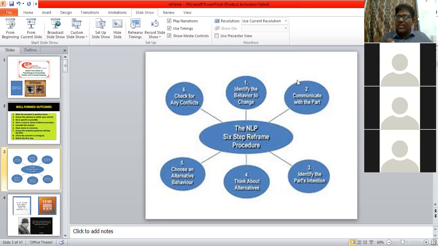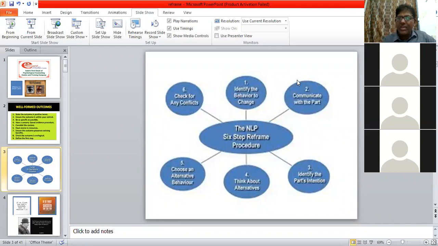So these are the various ways in which we can find it out. These things will come up more deeply in clinical hypnotherapy, and there are many other aspects. So maybe tomorrow or the day after tomorrow, when I am doing the 6-step reframe, whoever is in Madras, I will try to include them if possible. So this is the 6-step reframe.